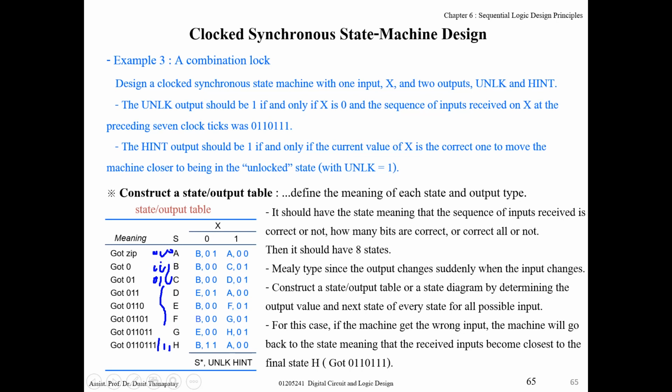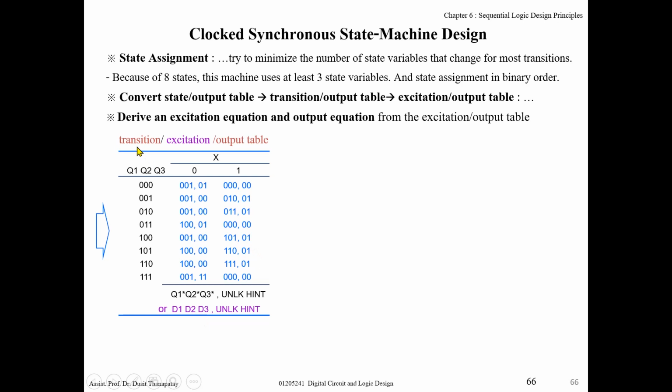So in this you can replace A by 0 0 0 and replace B with 0 0 1, right? Okay. So you can get this transition output table.